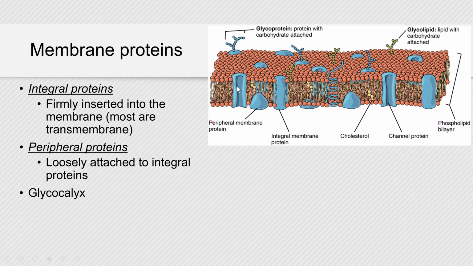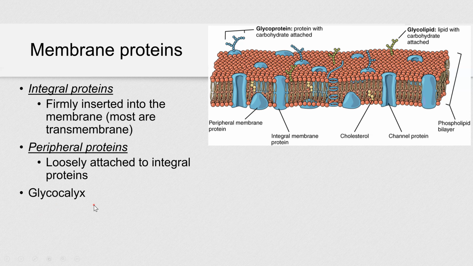That means they go all the way through this layer. Peripheral proteins are loosely attached to integral proteins. They can be inside the cell, they can be outside the cell as well. Now, you see these blue structures are proteins. So this is our integral protein, and it's transmembrane. This is a peripheral protein. But if you see this helix shape, this is also an integral transmembrane protein.